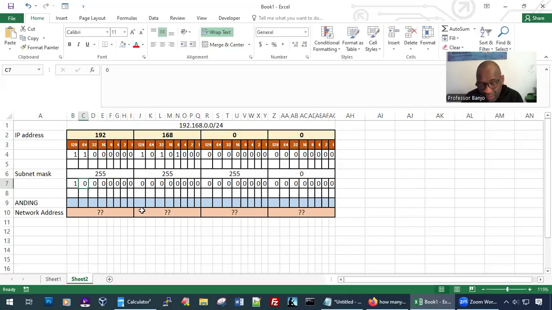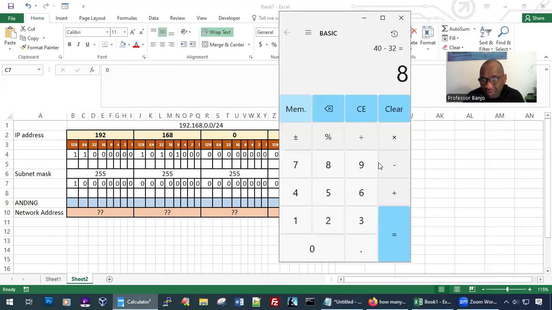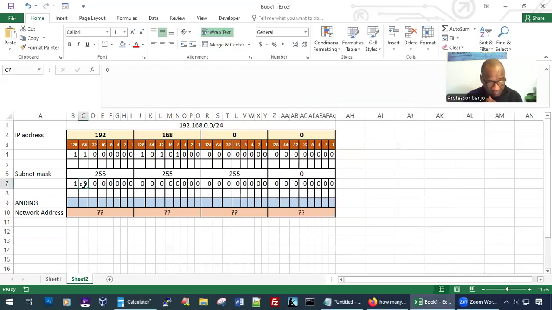To be clear, 255 minus 128 leaves you with 127, so you put a 1 in the first spot. Then 64 minus 64, you've got 63 left, so a 1 goes here.